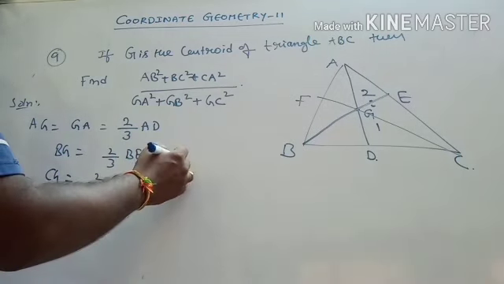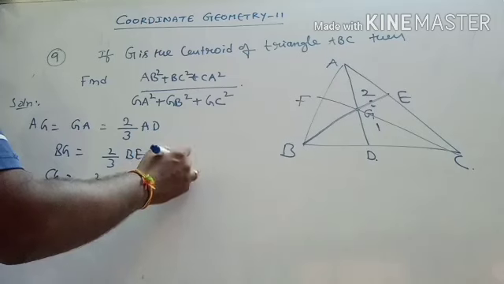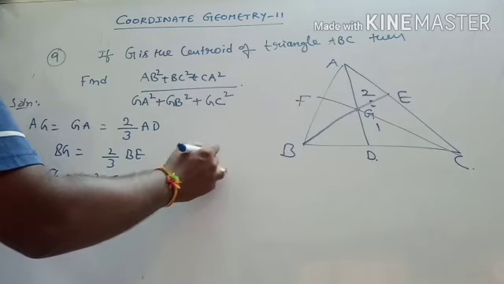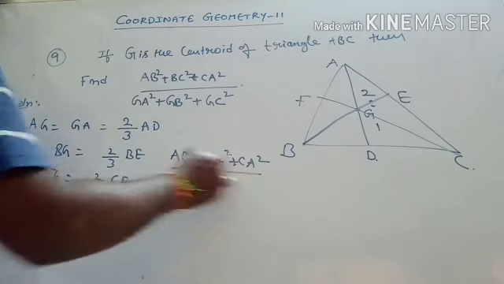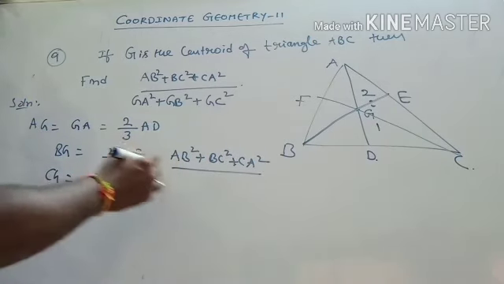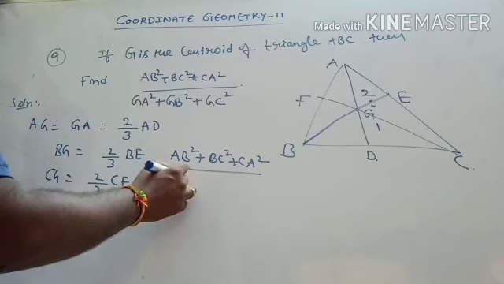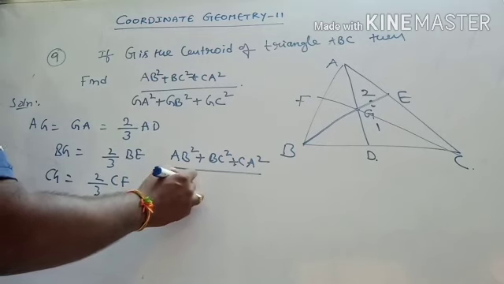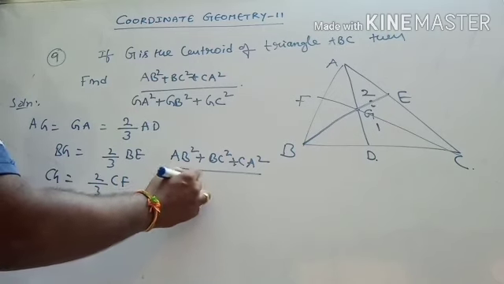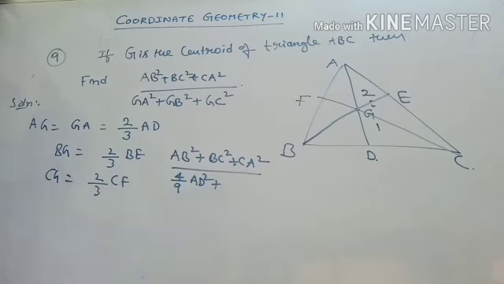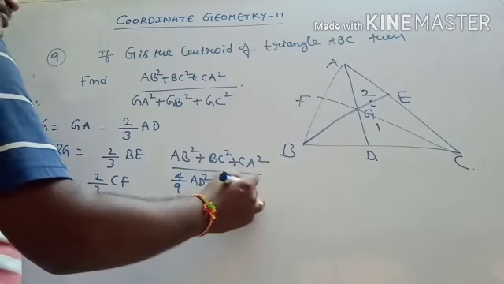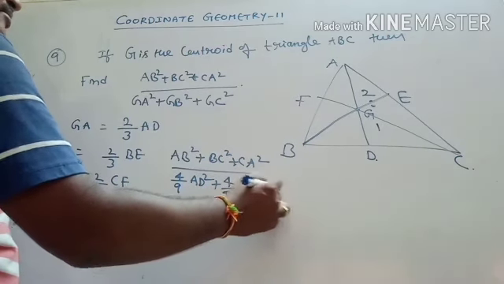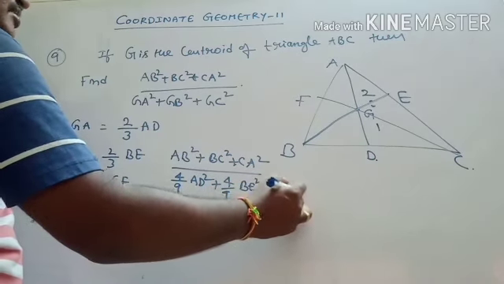We need AB square plus BC square plus CA square by GA square. GA means 2/3 of AD, that is nothing but 4/9 times AD square, plus 4/9 times BE square, plus 4/9 times CF square.